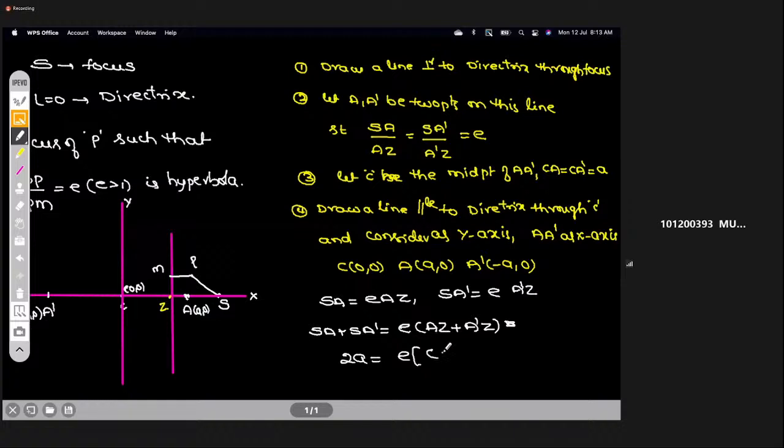AZ can be written as CA minus CZ, and A prime Z is A prime C plus CZ. So CZ, CZ cancel.